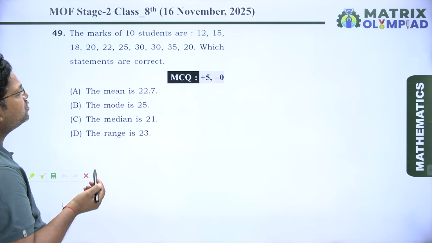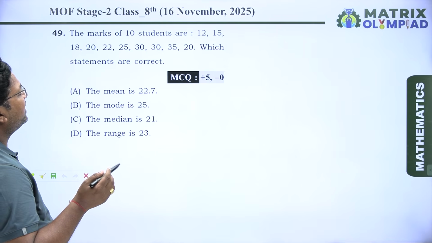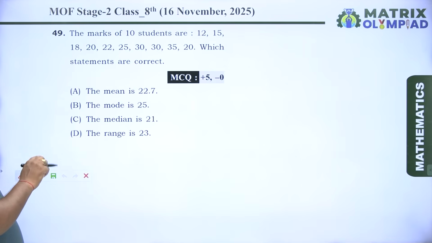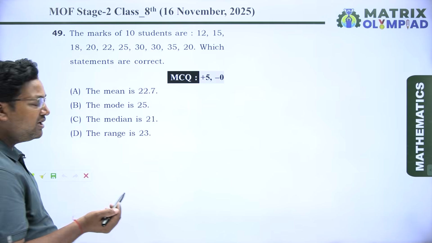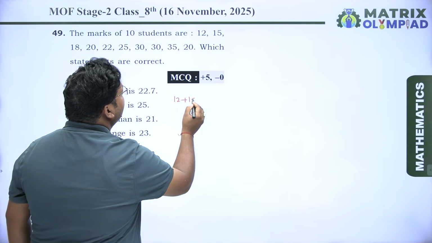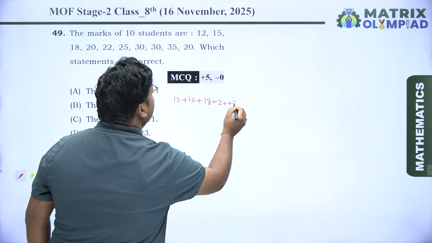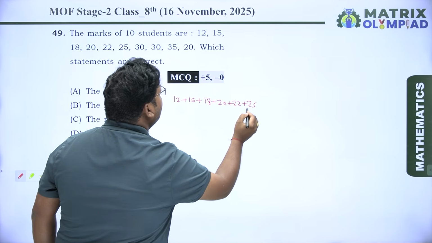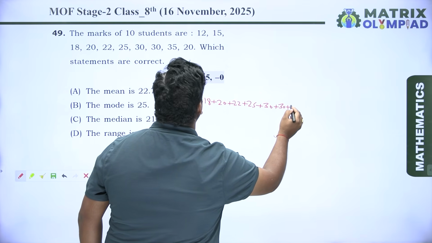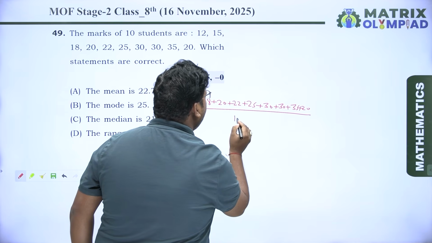The marks of 10 students are 12, 15, 18, 20, 22, 25, 30, 30, 35, 20. Which statements are correct? So the first option is the mean is 22.7. So the mean for this data is 12 plus 15 plus 18 plus 20 plus 22 plus 25 plus 30 plus 30 plus 35 plus 20 upon, we have to divide by 10.